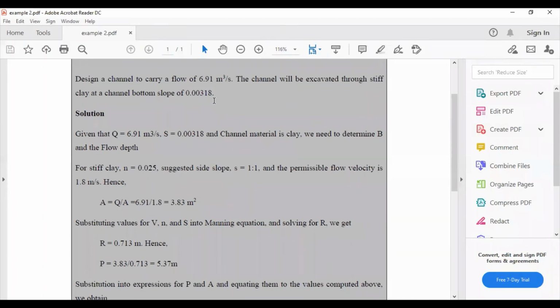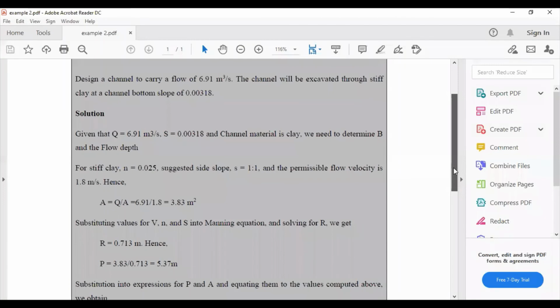Now we'll go through that procedure of determining the shape of that channel, how deep that channel should be, and how wide that channel should be for us to deliver this amount of water to your farm.